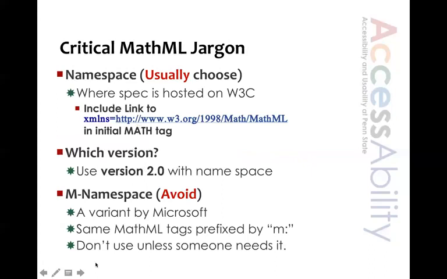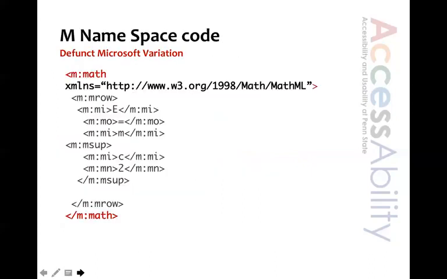There's another version, MathML 1.0, which we don't use anymore. And then there's one called M namespace that was invented by Microsoft. This was popular back in the late 90s, early 2000s. It's just like MathML, except there's an M colon before all the tags. You're thinking, why did Microsoft do this?